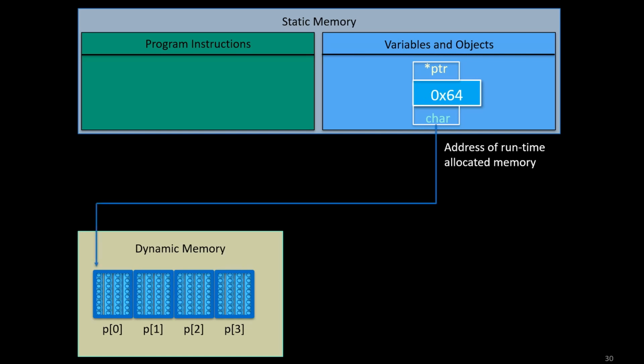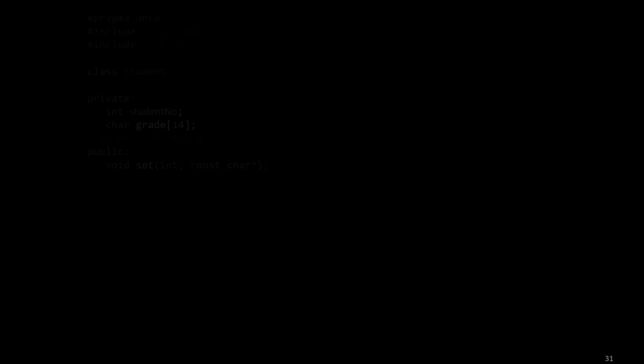We must keep the pointer alive in scope as long as we need access to that region of dynamic memory. The lifetime of any dynamic variable or object ends when the pointer that holds its address goes out of scope. Therefore, it must be deallocated earlier.